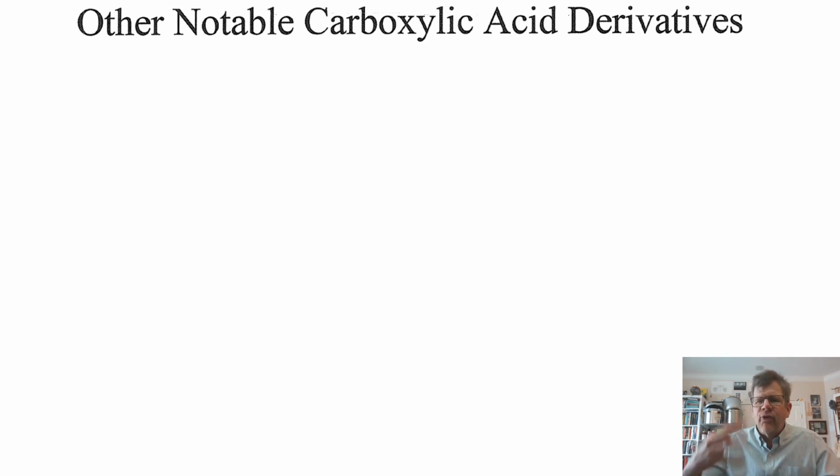As such, I have 4 of these types of structures to show you, and your task is only to be able to recognize these 4 structures when you see them. We're not going to go into nomenclature or reactions of these things, but they do have a place within organic chemistry synthesis or biochemistry, and we'll be seeing some of these structures down the road.